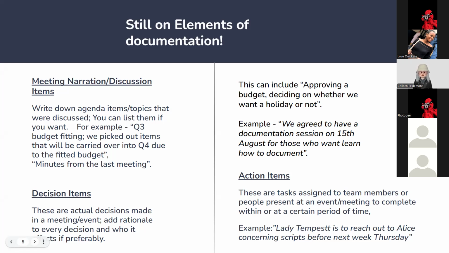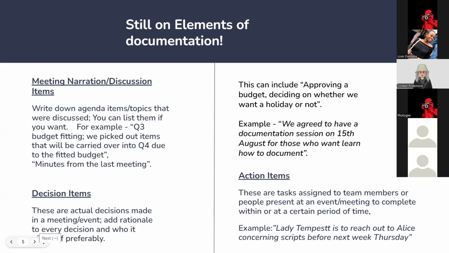And we are at the decision items. I have noticed that most people find it hard to differentiate between decision items and action items, so I decided to write it with the simplest words possible. Decision items are actual decisions made in a meeting or event. You could add a rationale to every decision and who it affects, preferably.